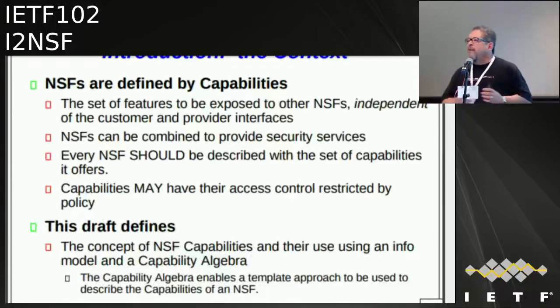They can be vendor independent, and possibly vendor dependent as well. With that, the security controller can realize the security functions desired for a given domain by putting together different capabilities from one or more NSFs.